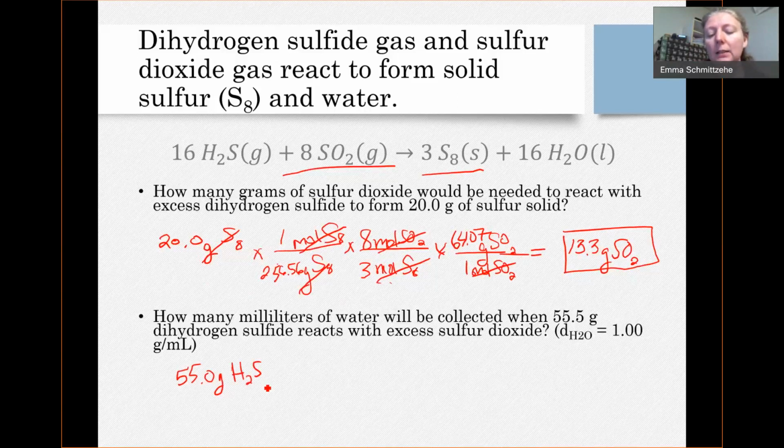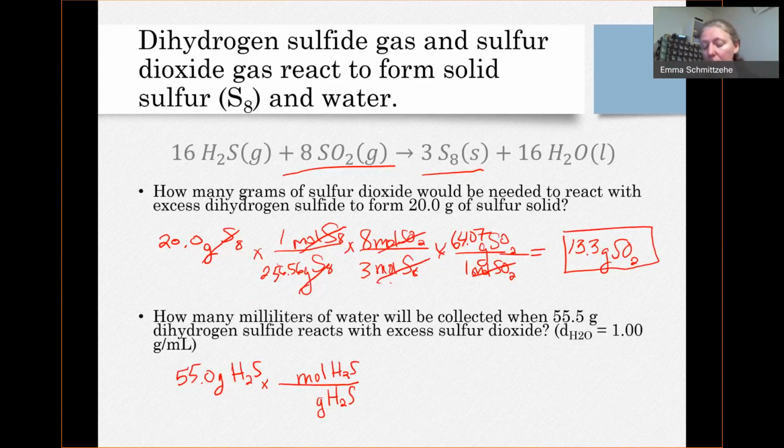So that I need to convert to moles in order to be able to convert between substances using the balanced chemical equation. So I'm going to get rid of my grams of H2S. I'm going to convert it to moles of H2S by using the molar mass.